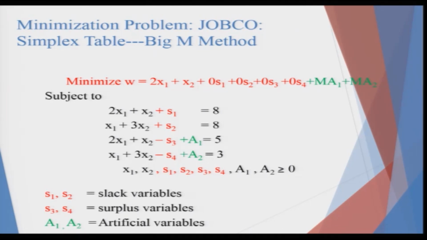And finally, the fourth constraint would be 1 into x1 plus 3 into x2 plus 0 into S1 plus 0 into S2 plus 0 into S3, that means S1, S2, S3 correspond to the first, second, third. Continuing, it would be minus 1 into S4 plus 0 into A1, because A1 corresponds to the artificial variable in the third constraint, and finally plus 1 into A2 is equal to 5.